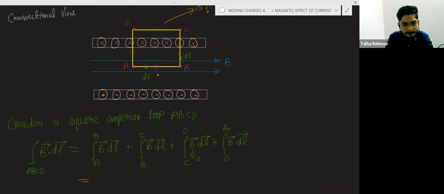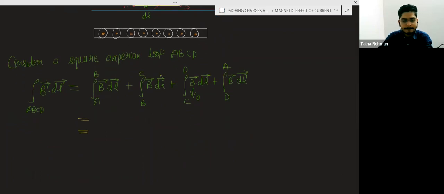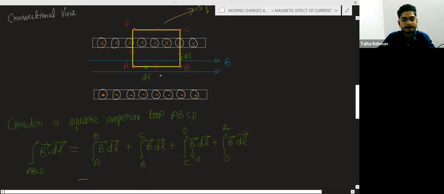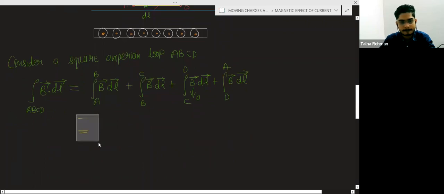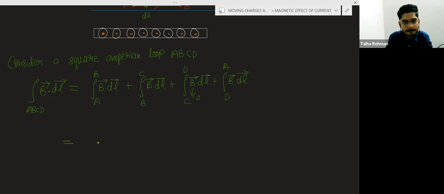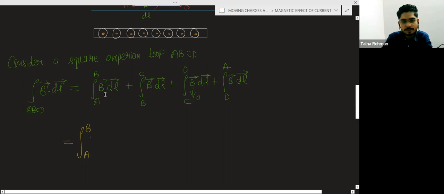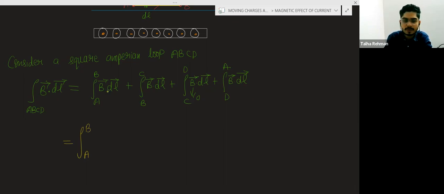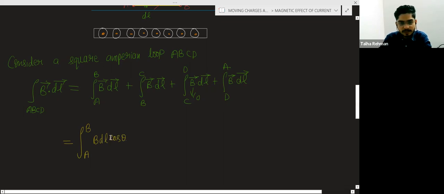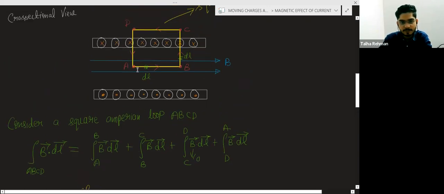So A to B, when you open this dot product, this will be B DL cos theta, and this theta will be 0 degree, because the angle between B and DL here is 0 degree.